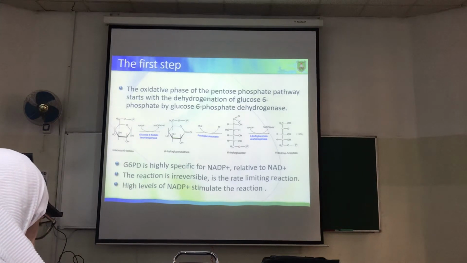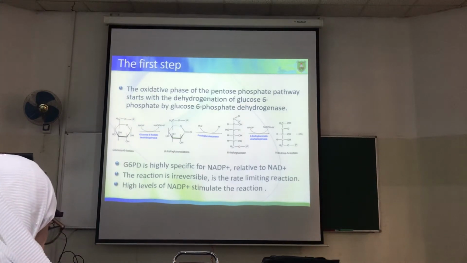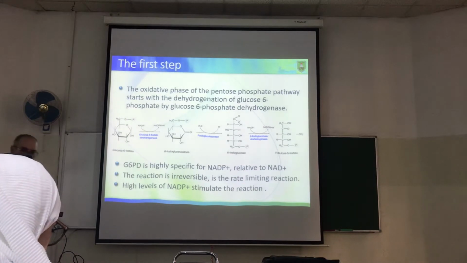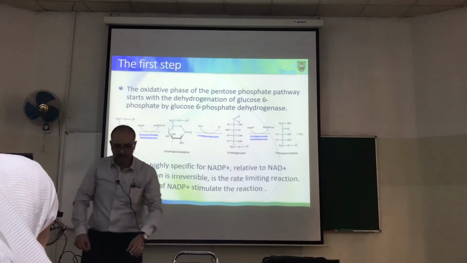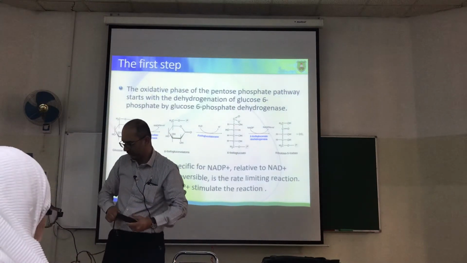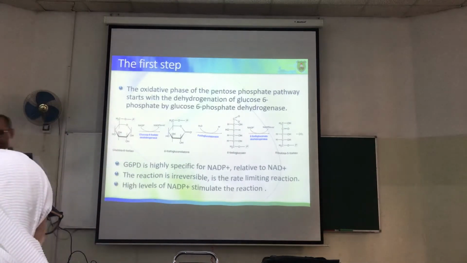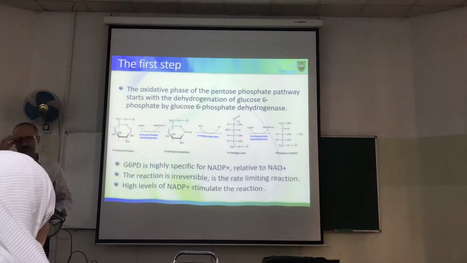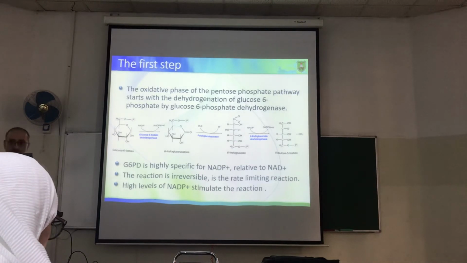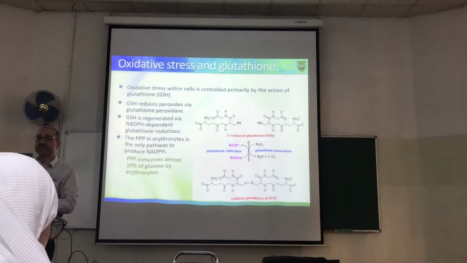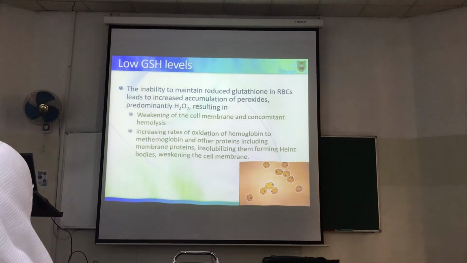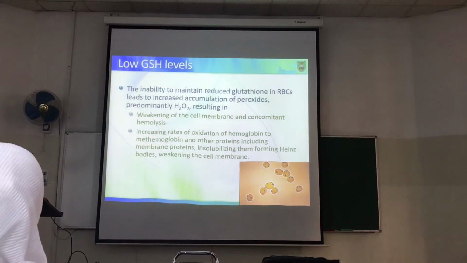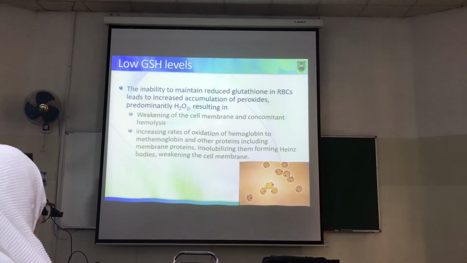And the membrane would be damaged. Molecules, proteins would be damaged as well. So that's the only mechanism by which red blood cells can protect themselves. Now, if there is no production of NADPH, it means that there will be low levels of glutathione, and as a result, proteins will be damaged.